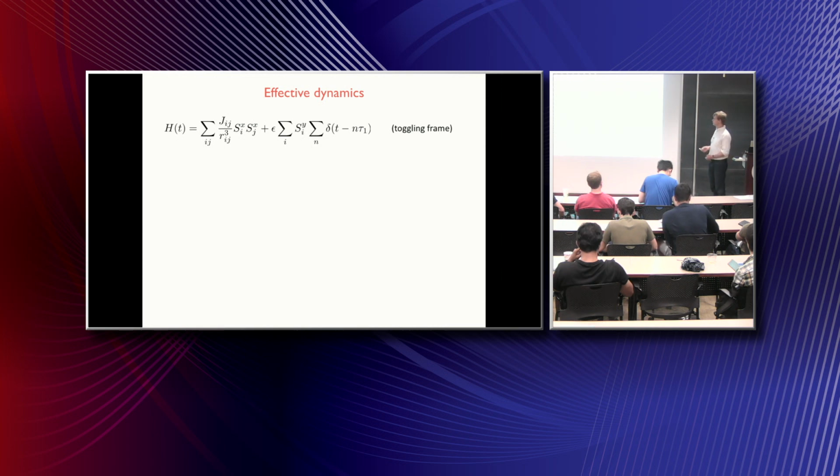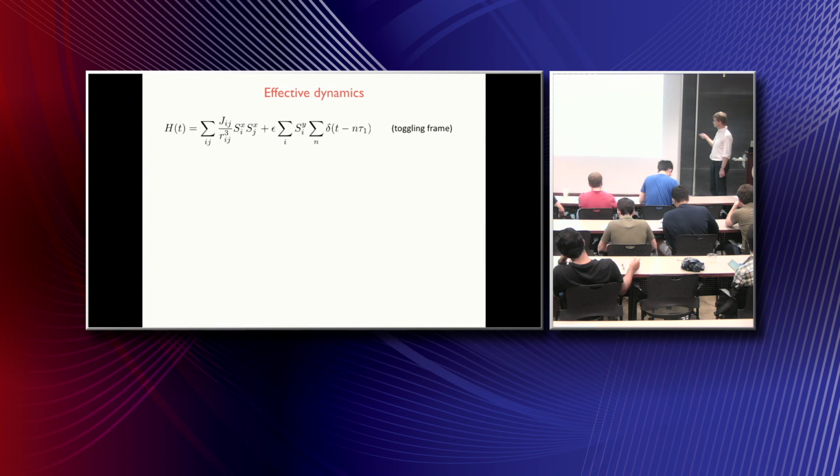In this case, if our pulses were perfect, then to the leading order, our evolution is this Ising Hamiltonian involving x-x interaction. If we polarize the spin along the x-axis, it will not do anything. It's a trivial eigenstate.